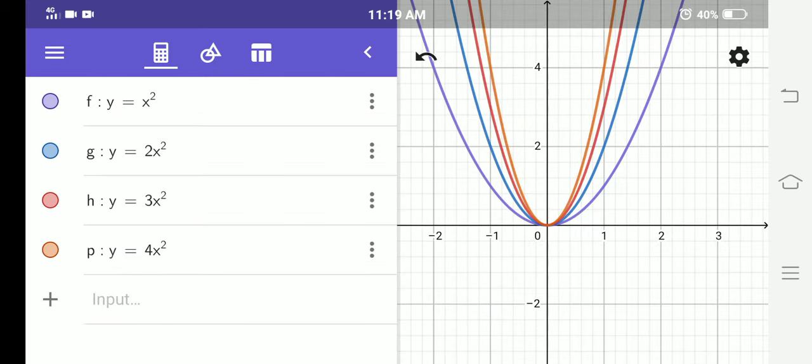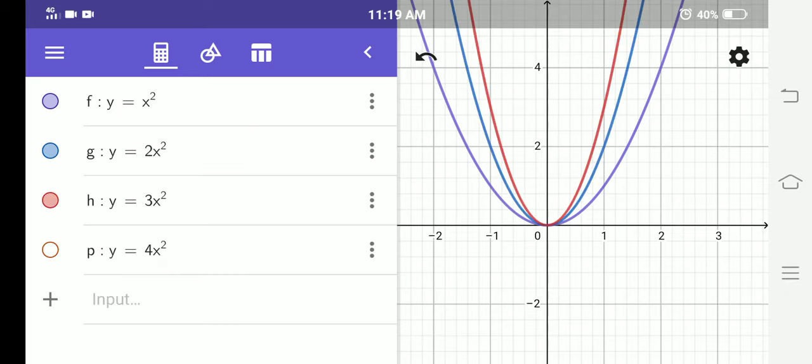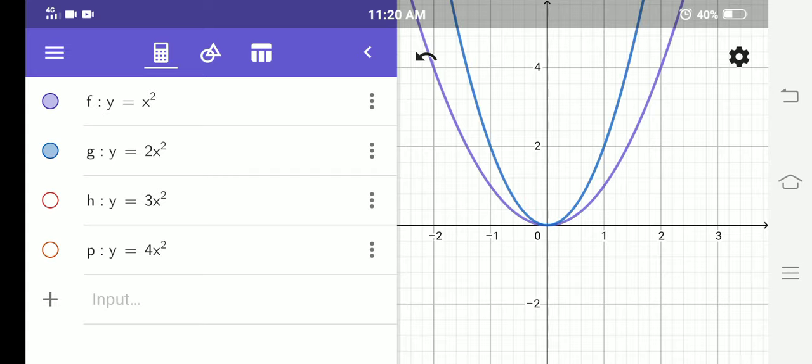Ano ang nangyayari doon sa initial parabola natin na y is equal to x squared? So, y is equal to x squared, ginawa nating 2x squared, 3x squared, 4x squared. Ano nangyayari dun sa parabola? Yes! Very good. So, meaning, yung parabola natin ay panipis ng panipis.